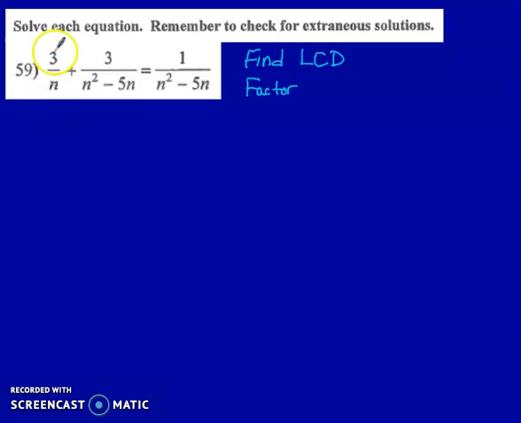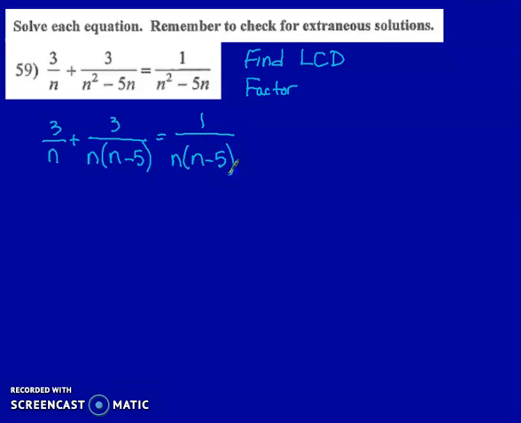Okay, so the first one, 3 over n. There's nothing we can do with that. The second one, 3 over n squared minus 5n. We can factor an n out of this, leaving an n minus 5. And same thing over here. We can factor an n out of this denominator, leaving n minus 5.